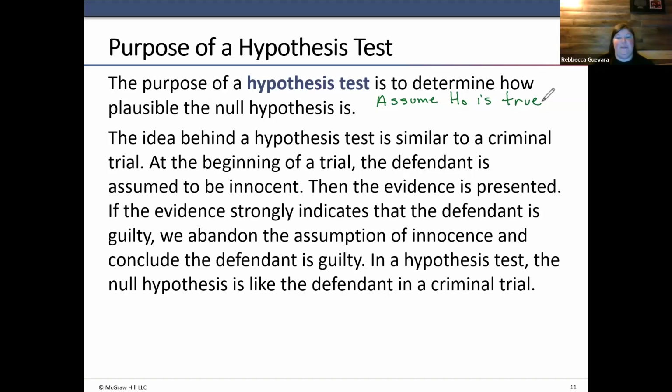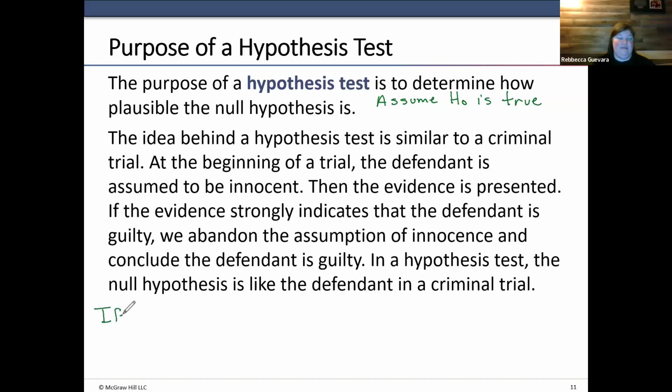It is incorrect. So in a hypothesis test, the null hypothesis is like the defendant in the criminal trial. We assume it is innocent, and we're trying to gather evidence that it is not. And if I cannot get evidence that it's not true, it has to be true.